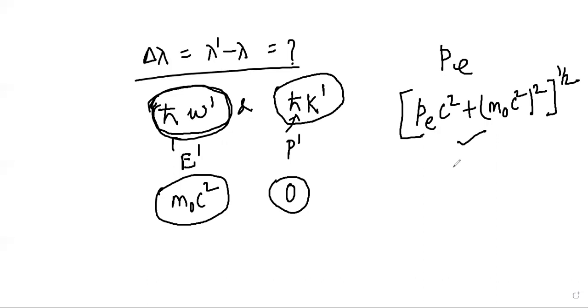Now considering these two states, before collision and after collision, knowing the energy and momentum values before and after collision, we can further write this. So the energy of the photon, we said the incident photon was h nu or h bar omega, right?